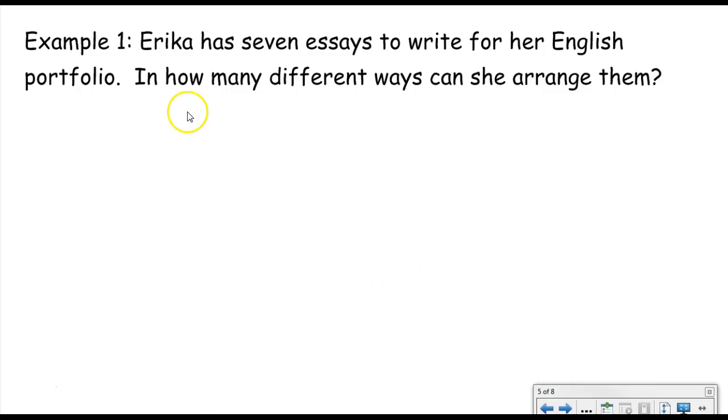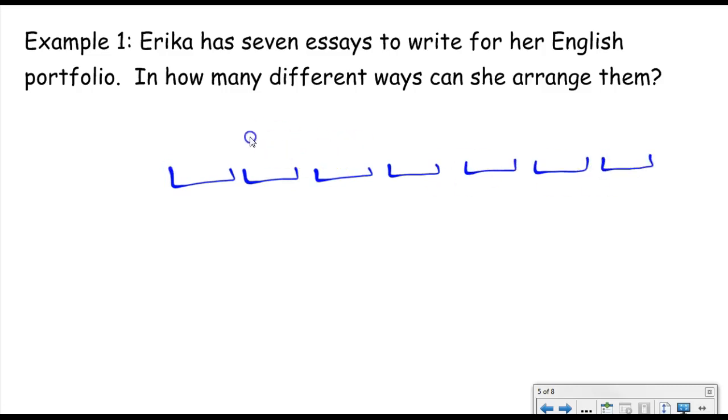Here's an example. Erica has 7 essays to write for her English portfolio. How many different ways can she arrange them? So if I have 7 essays I have to write, I want to write my first essay. So there's 7 of them, I can choose from 7. And then there's 6, 5, 4, 3, 2, 1.